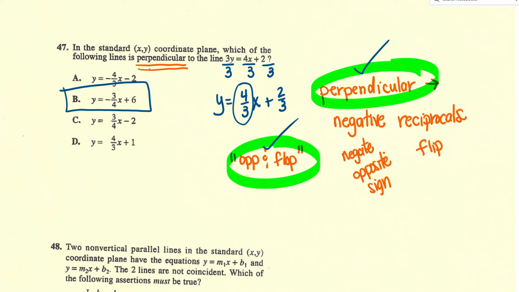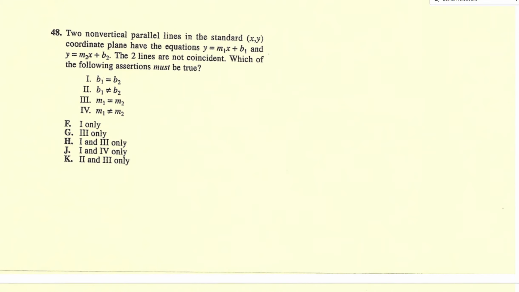All right, let's take a look at 48. Okay, there are a couple things here I think that can help us rule out some answers. First of all, it says they're parallel. That means they have to have the same slope. The two lines that they give us are generically y equals mx plus b and y equals mx plus b. We know that these are the slopes.